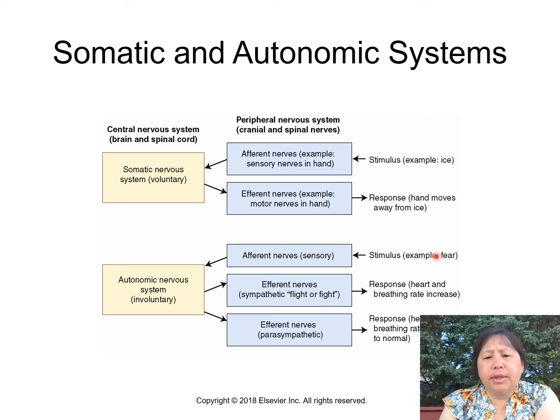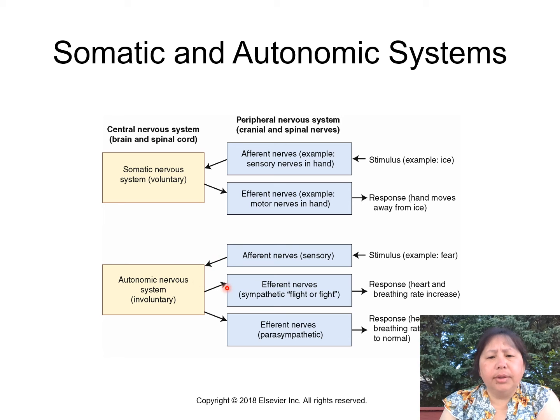So it gives you an example here. The example is fear. You're walking out late at night, and all of a sudden you look behind you and you see someone chasing you. Your sensory organs, your vision and your hearing, pick this up, and you are very fearful, so you start running. Your afferent nerves, your sensory nerves, are going to your brain, and your brain is helping you involuntarily, without you saying, okay, heartbeat faster, blood pump faster.